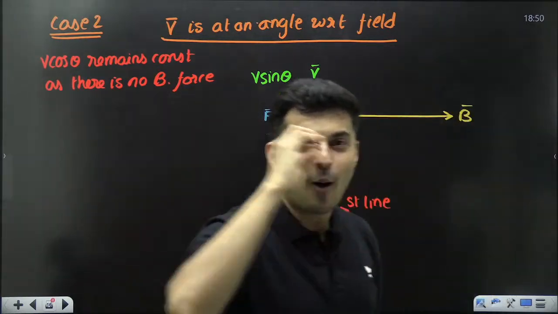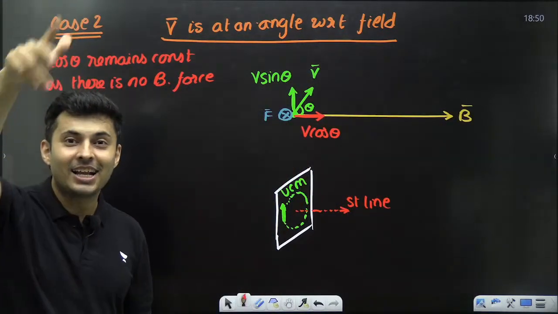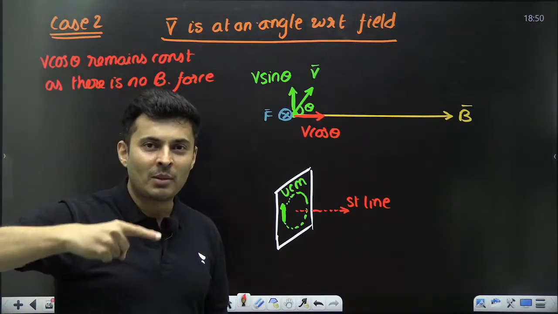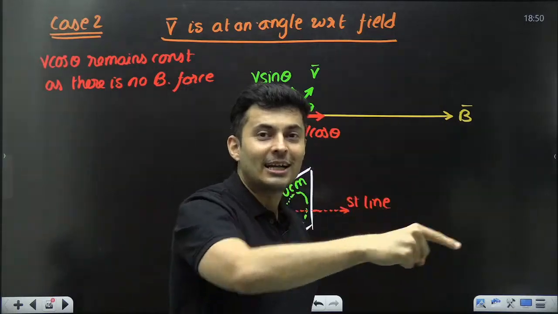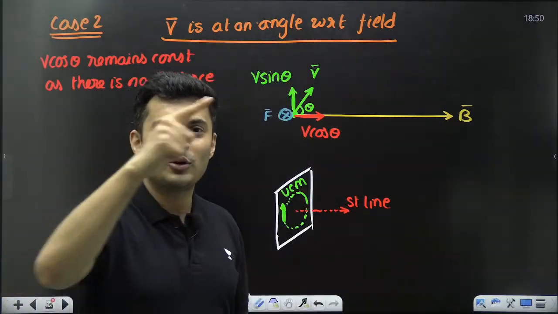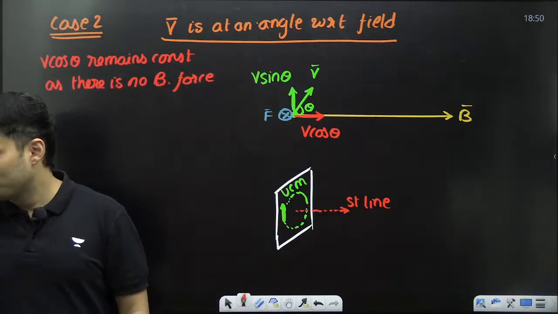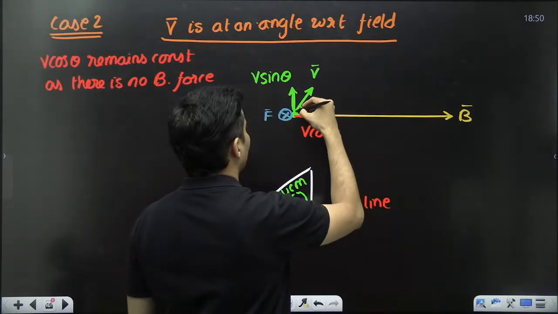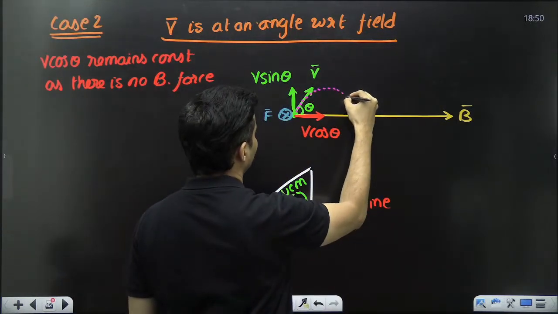Can you visualize how that motion is going to be? Come on, visualize. It is going round and round, but also it's going in the front. It looks like the coil of a spring. Are you able to visualize that? Come on, my dear students. So the motion will probably look like this.